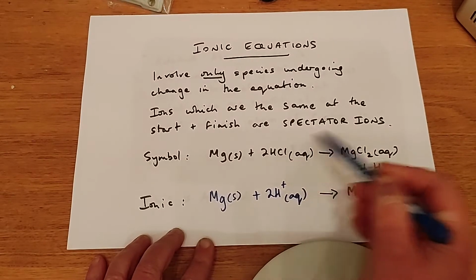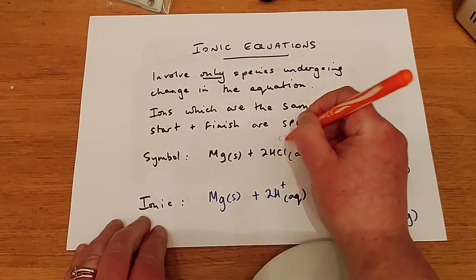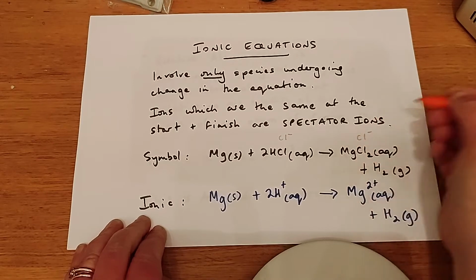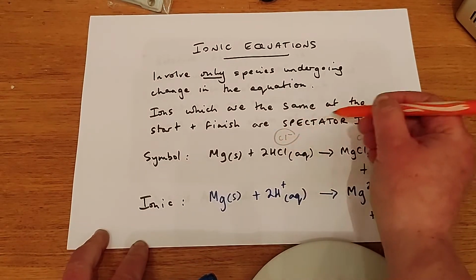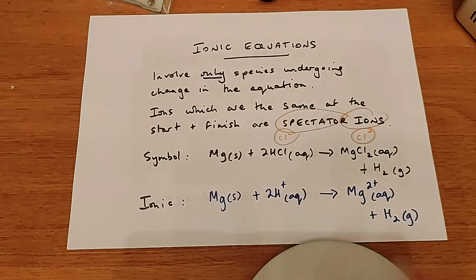So the chlorine, you'll notice, isn't involved. It's the same on each side, because chlorine here would be Cl-, and here it's also Cl-. It is a spectator ion because it's the same on both sides, so it doesn't actually feature in the ionic equation at the end. Okay.